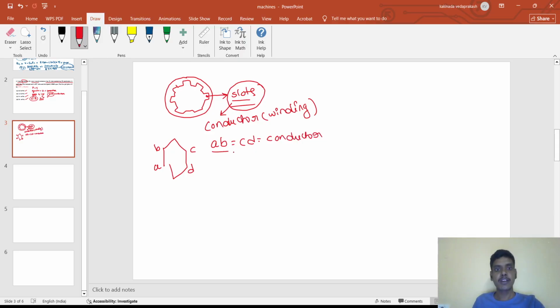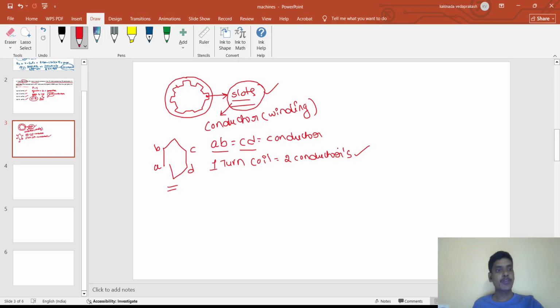AB is one conductor and CD is another conductor. So a single turn coil has two conductors. If it is a double turn coil, we have four conductors. These slots are used to keep these conductors.